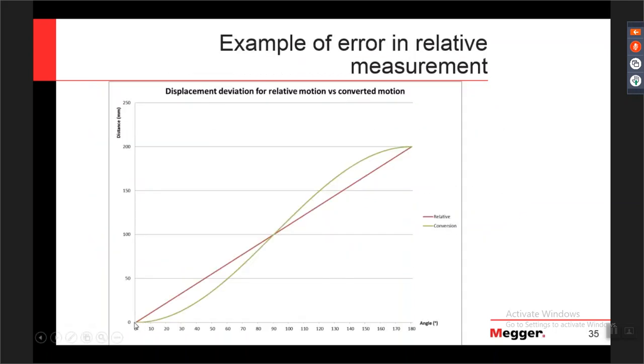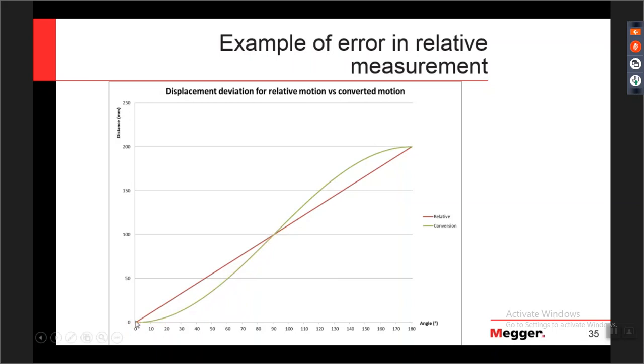So if you move that wheel, the transducer, now it's 180 degrees, it's too much, but let's say we move it 90 degrees. So you will have this deviation from this. If you would have a conversion table, the motion would be like this, or if you would measure directly on the moving contact.